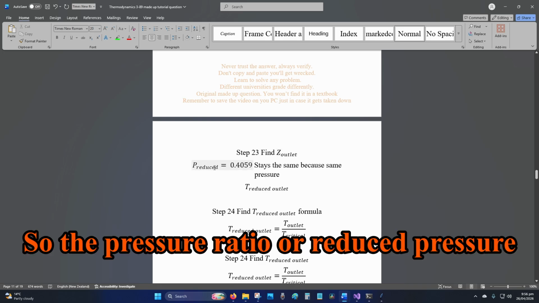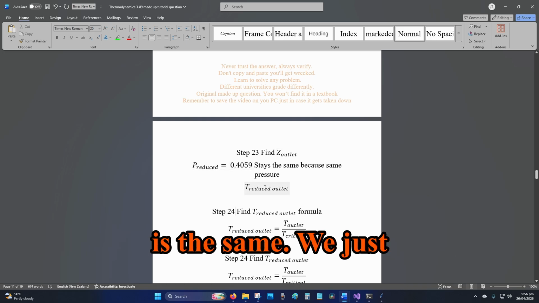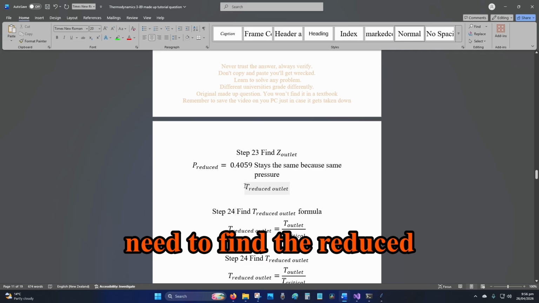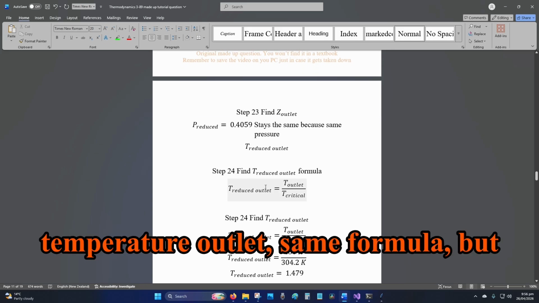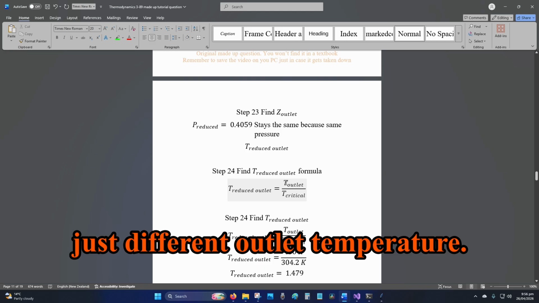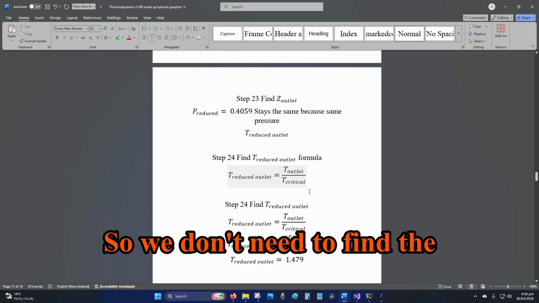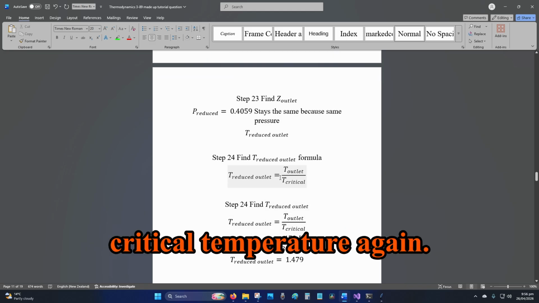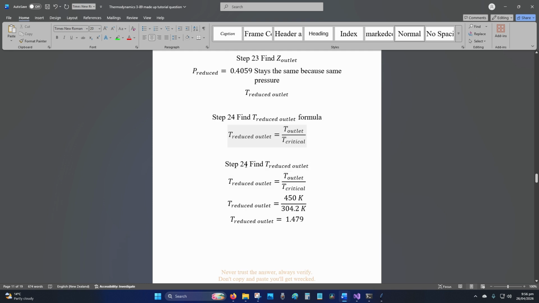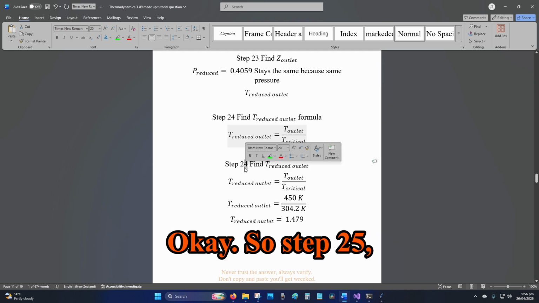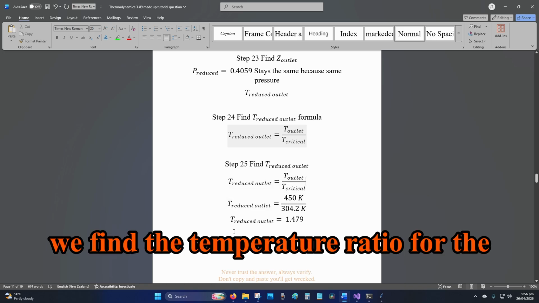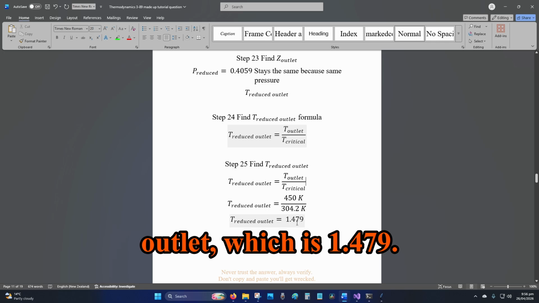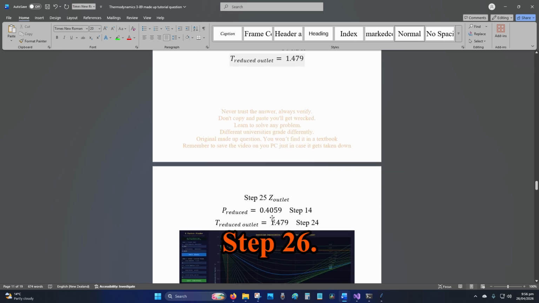So the pressure ratio or reduced pressure is the same. We just need to find the reduced temperature outlet. Same formula, but just different outlet temperature. So we don't need to find the critical temperature again. Okay, so step 25. We find the temperature ratio for the outlet, which is 1.479.